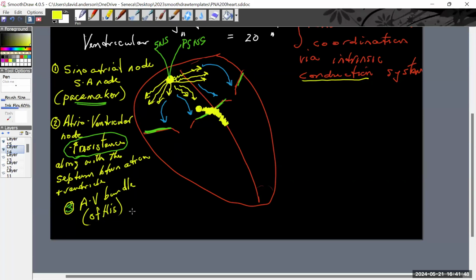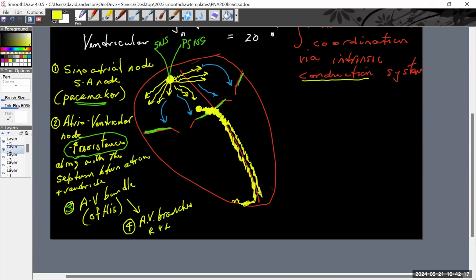From the AV bundle, we're going to divide into AV branches, right and left. So a right bundle branch is going to travel down the right side, and a left bundle branch.